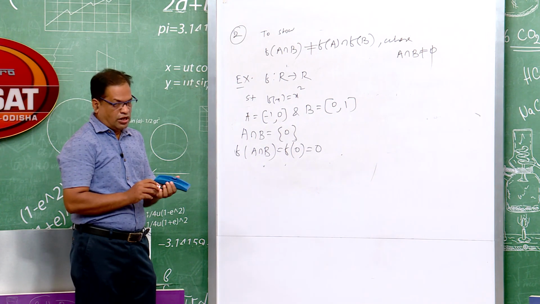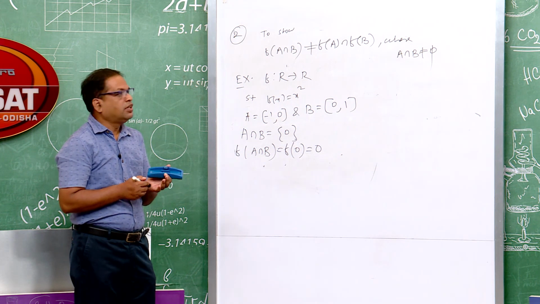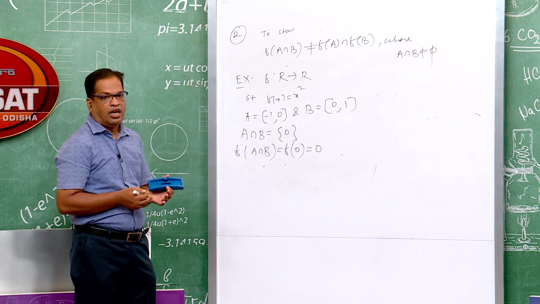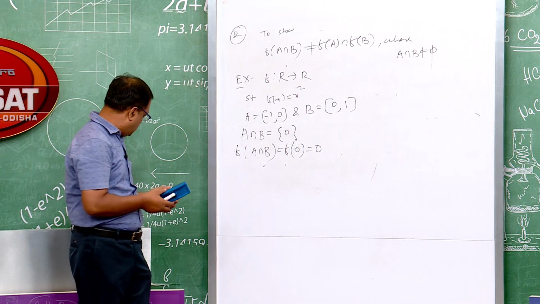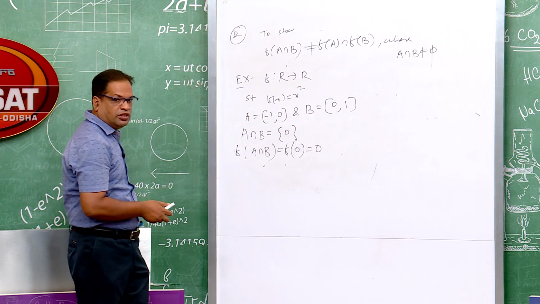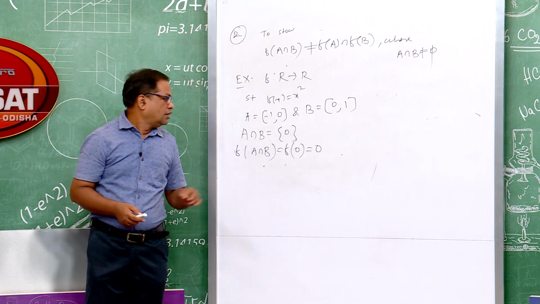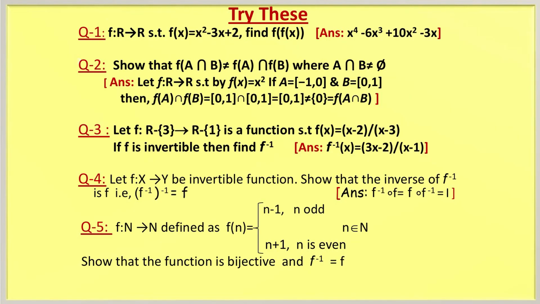So, you can find f(A) and f(B), then find f(A) intersection f(B), and you can verify that f of A intersection B is not equal to f(A) intersection f(B). You can work out the other questions, the answers are given.